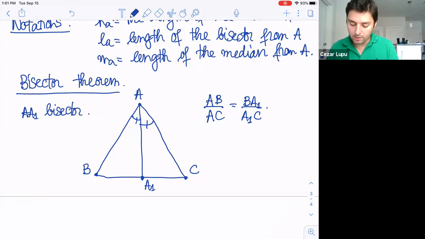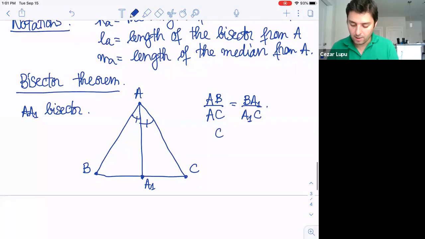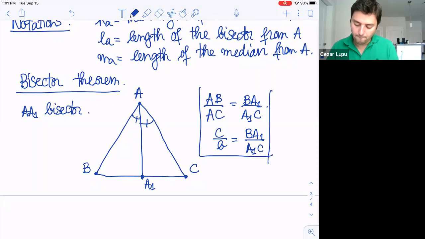Or if you want to write it in this way, c over b is the same as BA1 over A1C. So this is the bisector theorem. And now I would like to do a couple more things. Well, this is just a little bit of geometry, but I would like to cover the most important things.